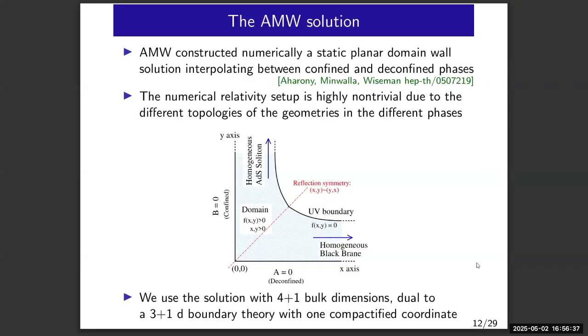You can choose your coordinates in such a way that the two-dimensional slice of the geometry looks like this, where the coordinates relevant here are the spatial coordinate, which takes you over the domain wall, and then the holographic coordinate. So the holographic coordinate goes in this direction, sort of a radial direction, whereas this spatial coordinate goes in this direction, in this construction.